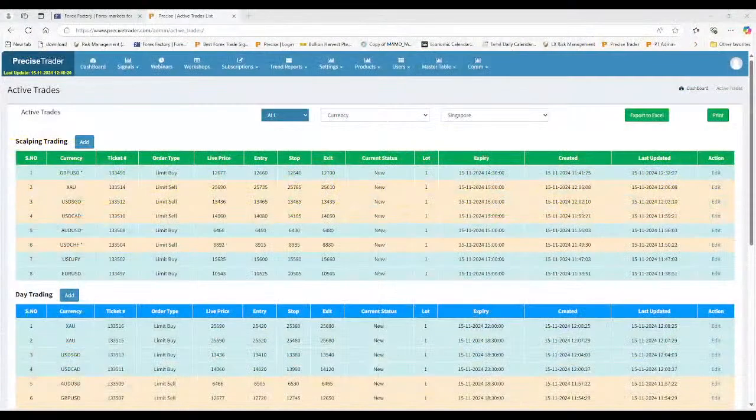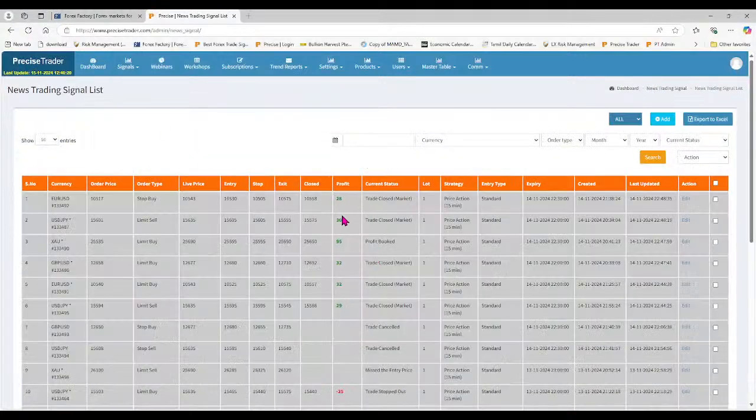Yesterday, for those of you who have been following us, all the trades were positive. In fact, if we had waited a bit longer, we would have made even more, because our price target was reached. Like pound, the target was 12710. The price was reached. Euro also price target reached. Dollar yen also price target reached.